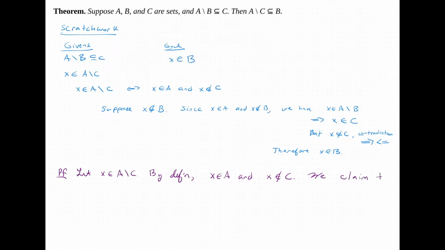So we claim that X is in B, and here's where we use that contradiction aspect.